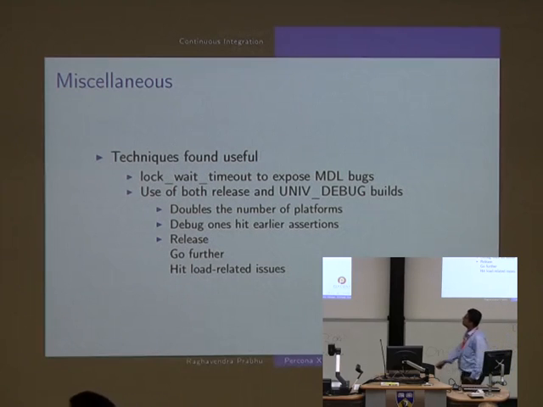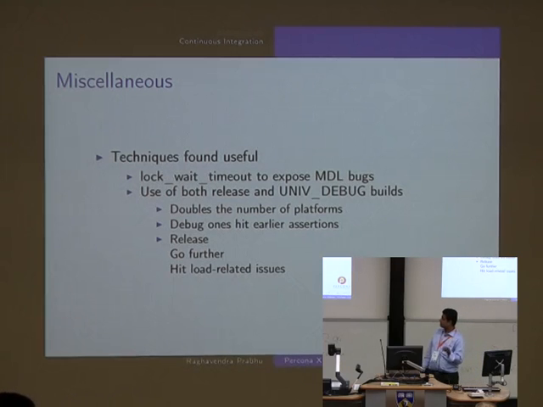As I've said, we do releases of the release builds, but we also do debug builds. The debug builds are basically with more debug info. It's not the GCC debug info, but the debug info which is in MySQL itself. So it has more asserts, more runtime checks and things like that.